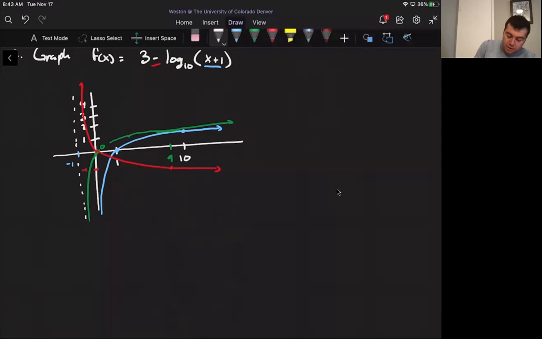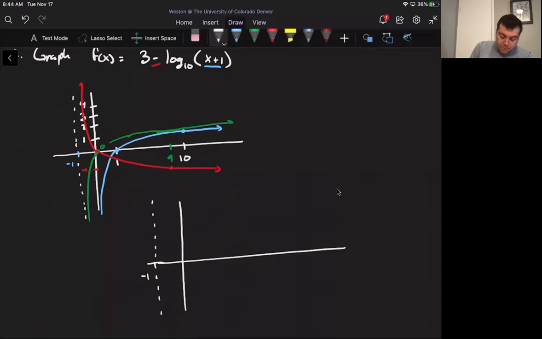And for our final curve, draw a new axis. So at -1, we have a vertical asymptote. Let's see, our 0 is going to get shifted up to 3. Where we were at -1, that'll get shifted up to 2.